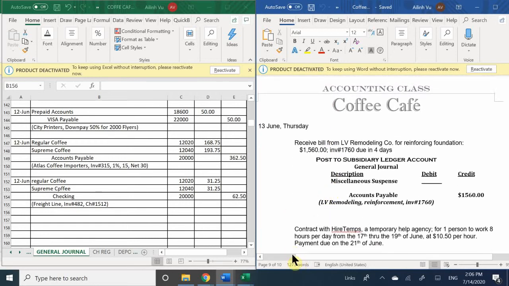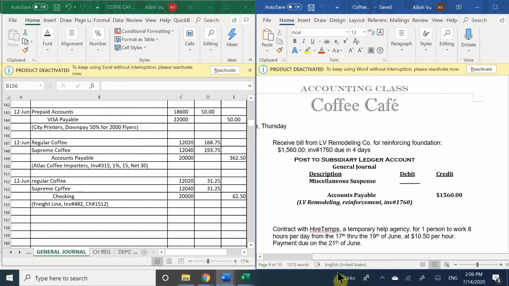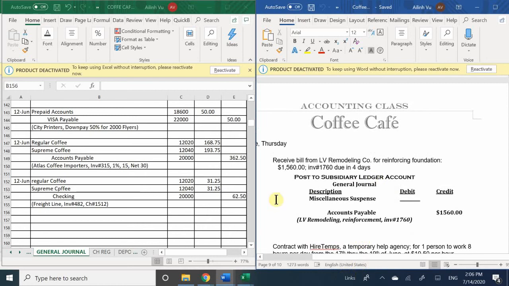So on the 13th, we received a bill from LV Remodeling Company for the reinforcement for the foundation of the coffee grinder for $15.60, and our invoice is going to be for $17.60 and it's due in 4 days. So let's look at this carefully. Because this is going to be included as the cost of our coffee grinder, right?